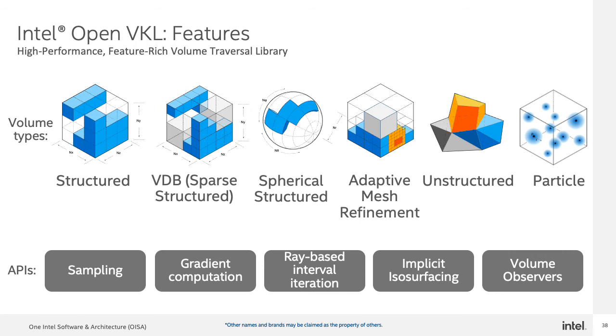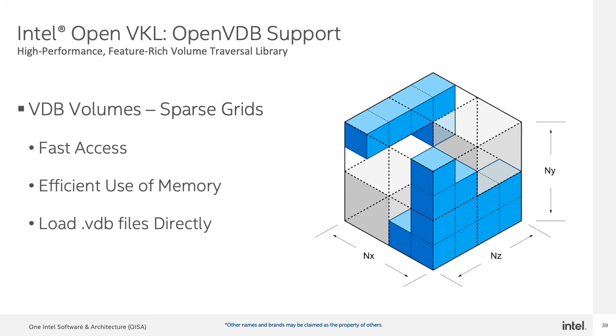You can write your renderer with the VKL sampling API knowing that the special optimized handling of different volume data representations is going to be taken care of for you. And now just swinging back to our OpenVDB support with OpenVKL sparse grids, we supply an internal representation based on VDB, which allows very fast access of data while efficiently using the memory available to the renderer or other application. And you can load and sample your VDB files directly.